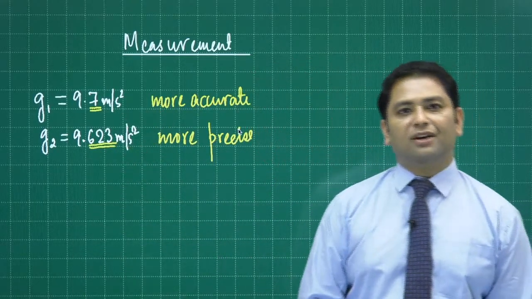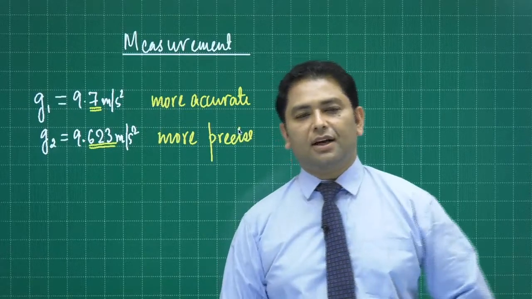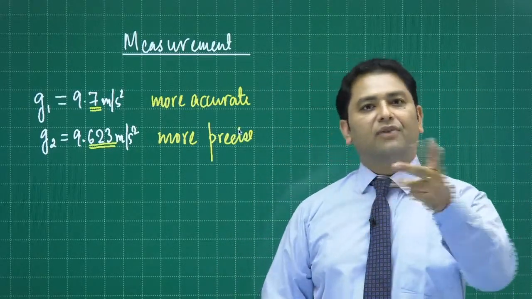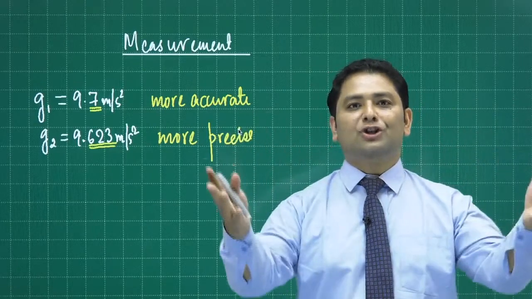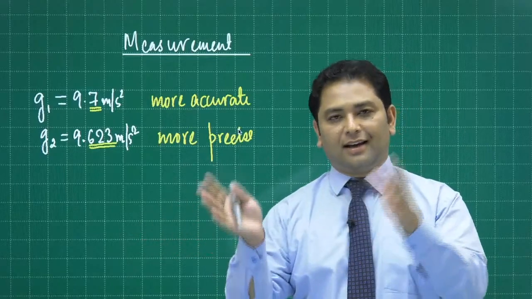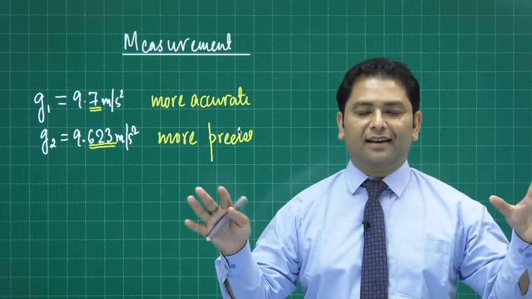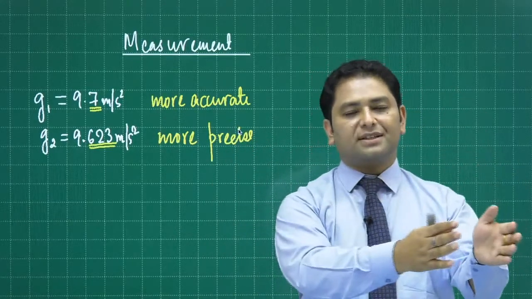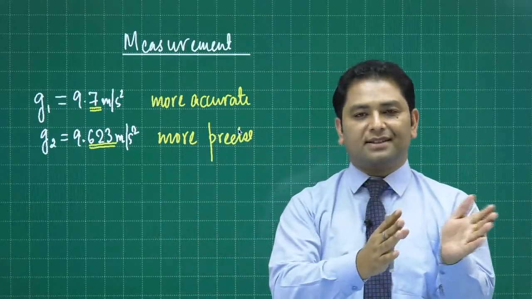So the moral of this story is that a reading which is more accurate may be less precise and vice versa. But it can also be that a reading is both more accurate and more precise. In other words, we cannot find any direct relation that if it is more precise, it is more accurate, or vice versa.